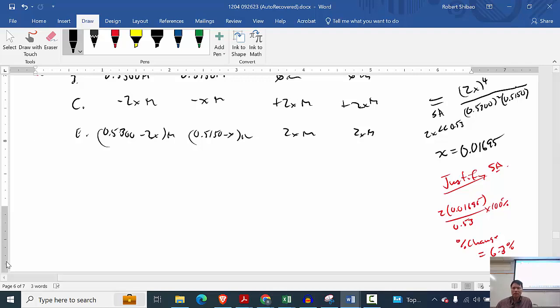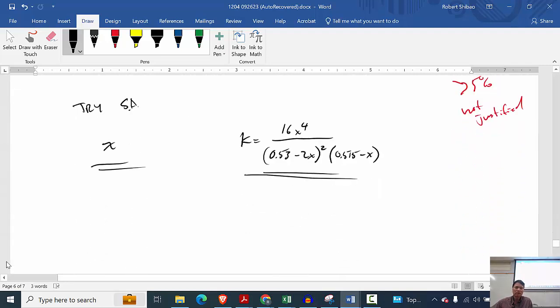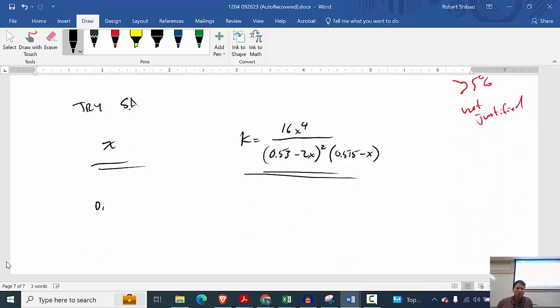Well, the x I calculated is 0.01695, and so maybe that's a good initial guess, but that's too many digits. So I'm probably going to just round that to 0.017 and then just see what it comes out to. I don't want too many digits in there, because the calculation is going to get too horrendous. So I'll just do 0.017.